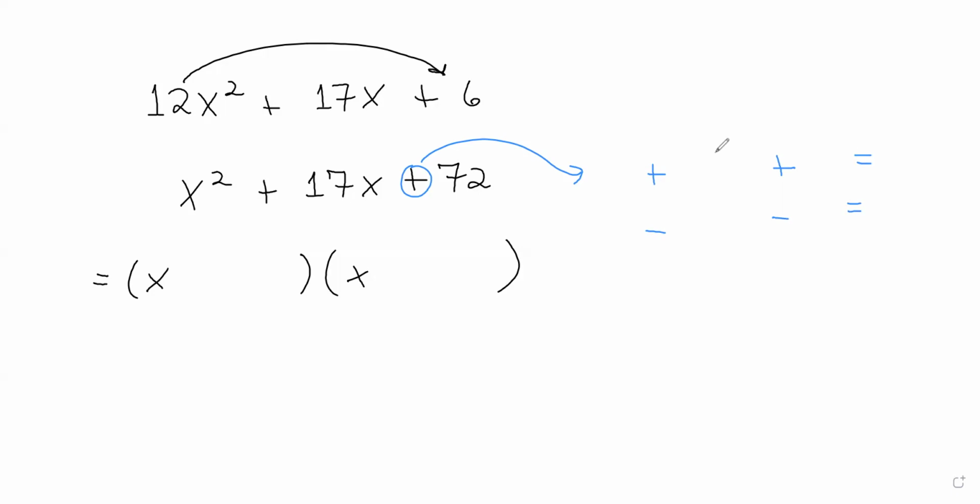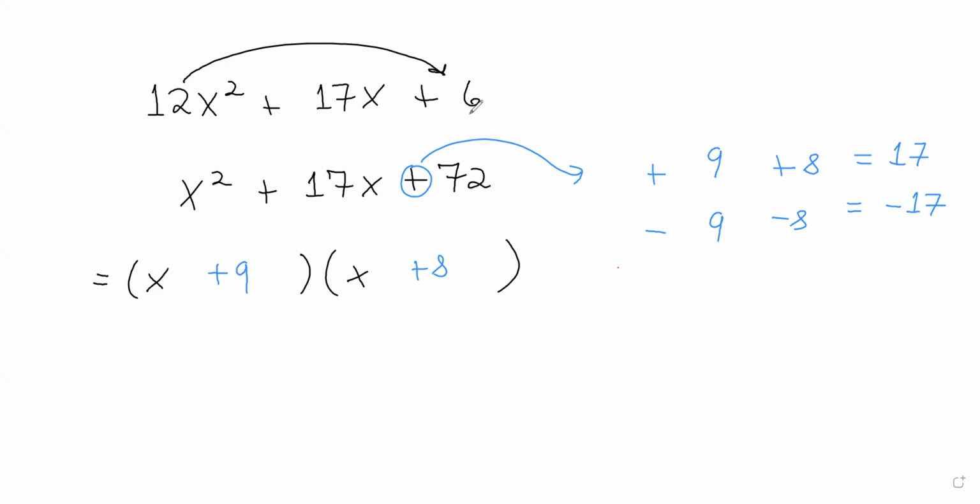Again, which factors do I use? There's many possibilities for 72. Will 9 and 8 work? Yes, 9 plus 8 gives me the middle term. So this should be a positive and a positive. Think of it this way.